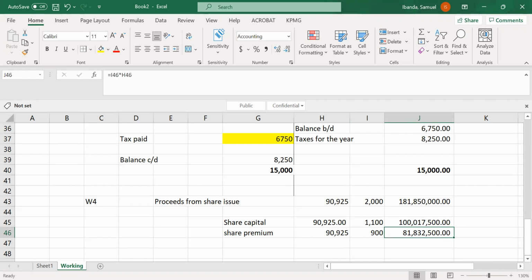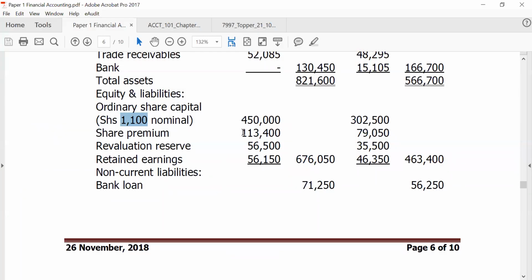Now, you might want to test it. Our share premium was 79 and is now 113,400.